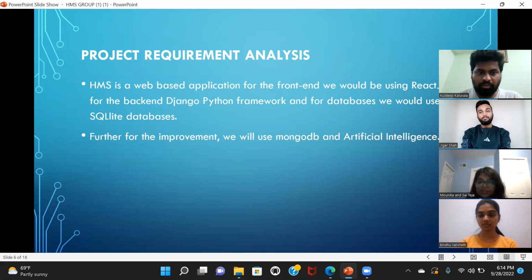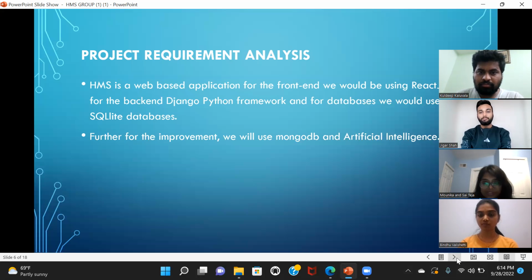By using this application, we are going to improve a lot of efficiency in the processes going on through the hospital management system. For further improvement, we would be using MongoDB and artificial intelligence.